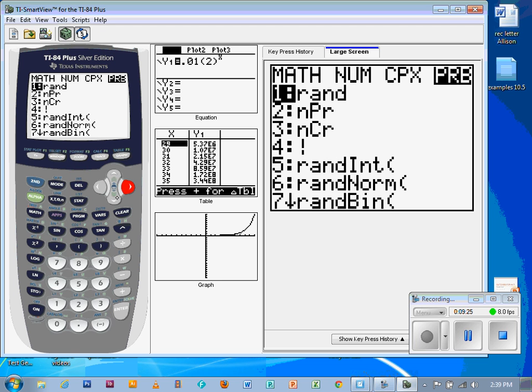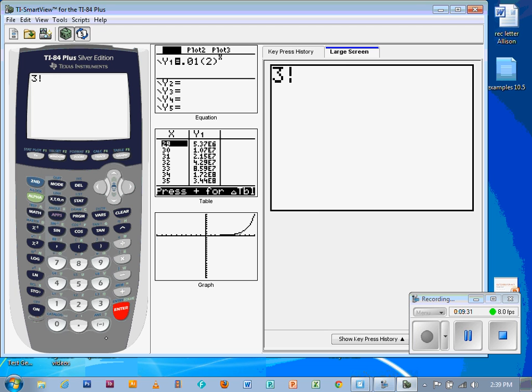PRB is the probability, and then you can see there's a factorial key there. So enter that, and it pops up next to your 3, and then it will actually do the 3 times 2 times 1 for you. This is extremely helpful when we get into problems that have 10 factorial or even higher. The numbers get dramatically larger.